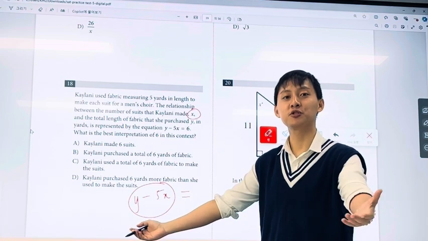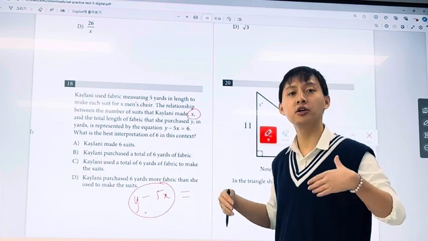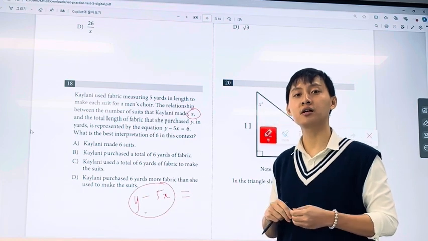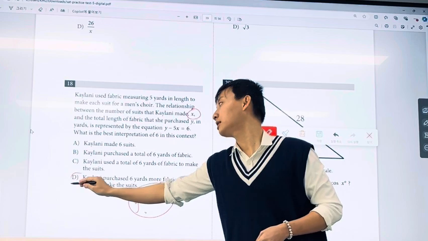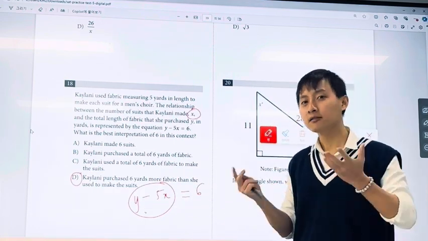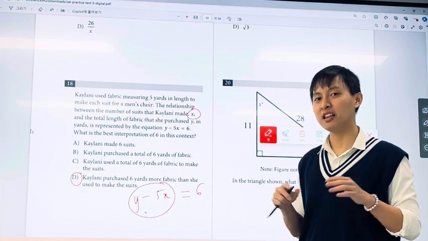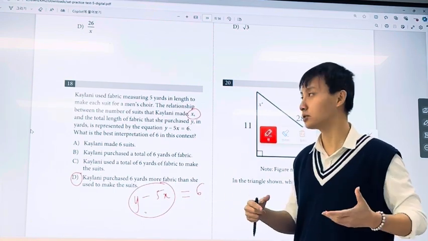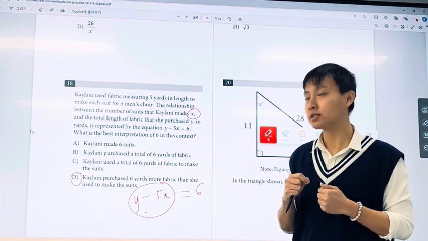Because first she purchased y in length of fabric. She already used 5 times x. Remaining is 6. So the correct answer is D, right? Another statement that is also correct is that 6 is the remaining length of fabric after she used it to make x number of shoes.